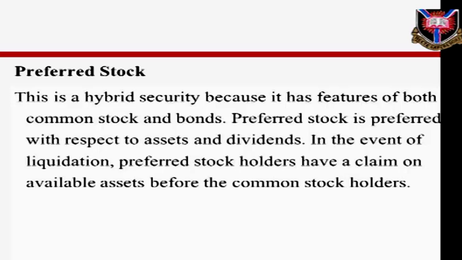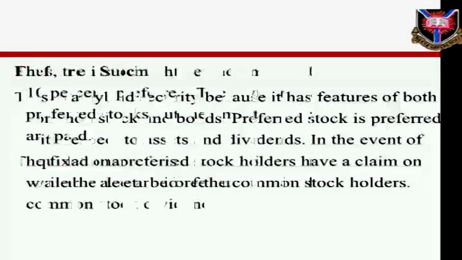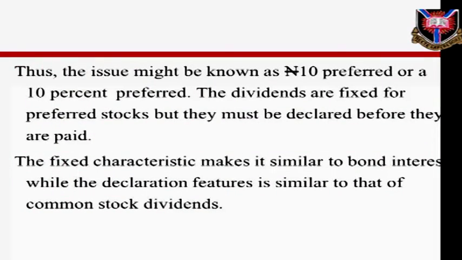Preferred stockholders also get their fixed dividend before common stockholders get their dividend. Preferred dividends are stated in either percentage of par or naira terms. Thus, the issue might be known as a 10 naira preferred or a 10% preferred.